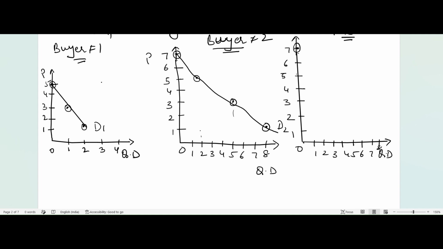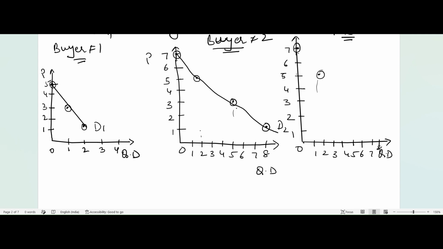That's how you do it. At price 6, is there anything? No. At price 5, is there anything? Yes. The demand for buyer 1 was 0 and for buyer 2 at price 5 was 2. So 2 plus 0 gives me 2. So at price 5, I should have a quantity of 2.